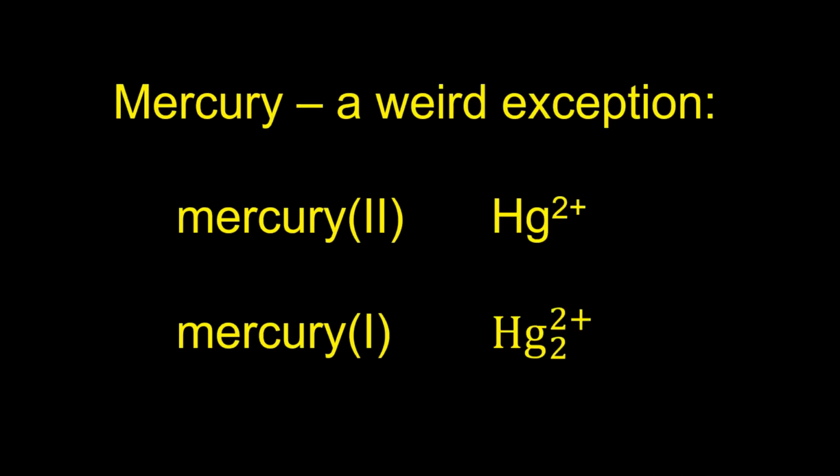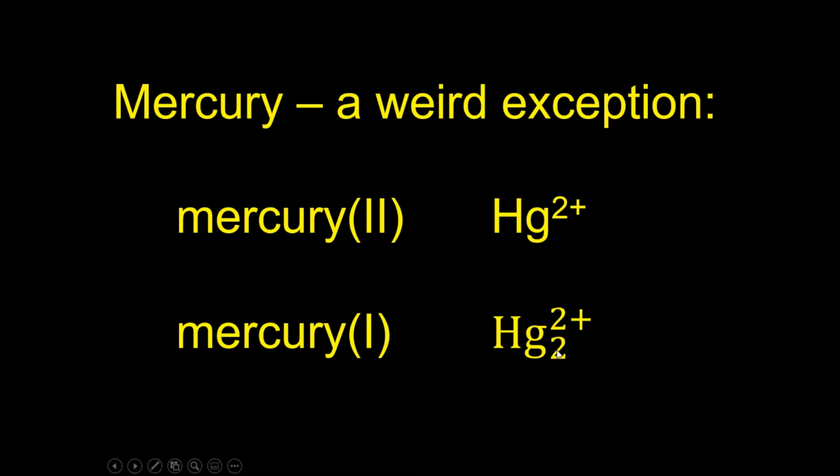I have to talk about, wherever we have rules, we have to talk about exceptions. Here's a weird exception. Mercury, it's strange. Whenever it shows up, it always has a +2 charge if it's an ion, but here's what I mean. It can show up as an individual atom with a +2 charge, and that's going to be mercury Roman numeral 2, mercury 2. But mercury 1 doesn't show up as a single atom with a +1 charge.